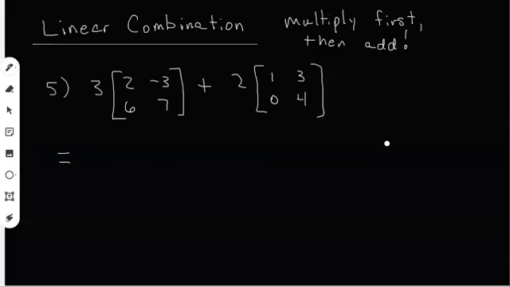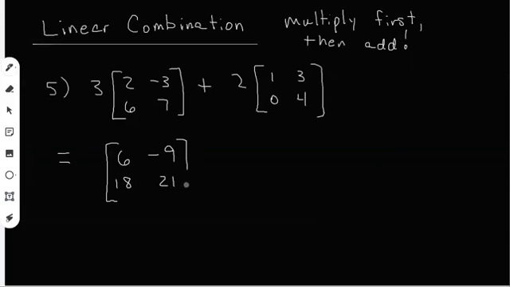Okay, so how would I do this? Well, when we do a linear combination, we want to multiply first and then add. So let's multiply everything on the inside by what's on the outside. We're going to multiply everything by 3 first. And when I multiply everything by 3, I'm just going to get 6, negative 9, 18, 21.